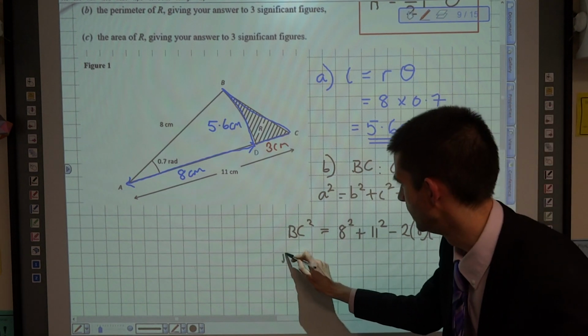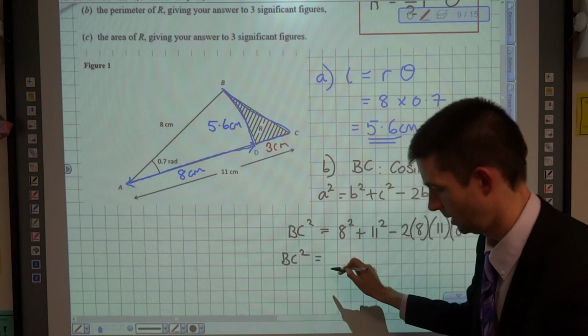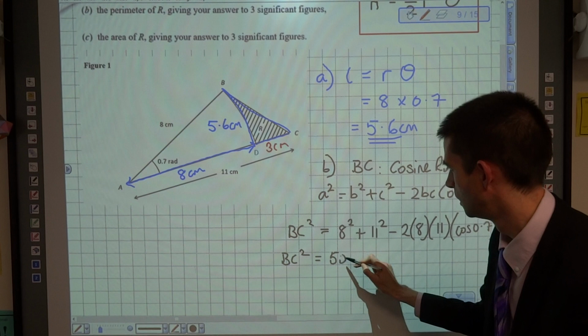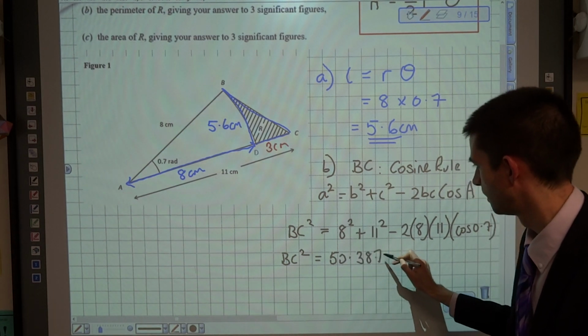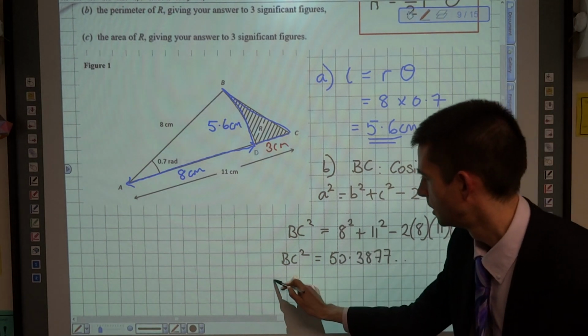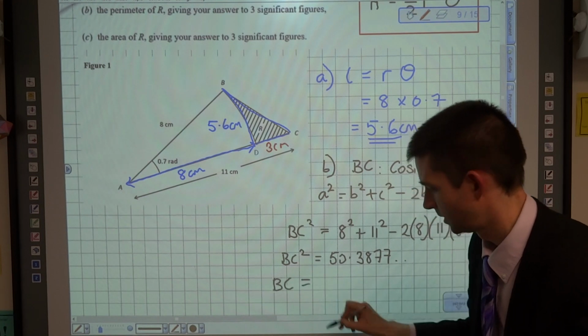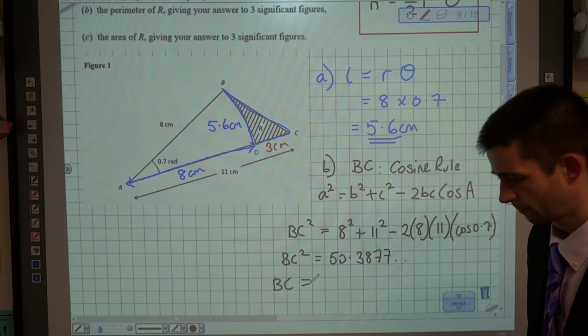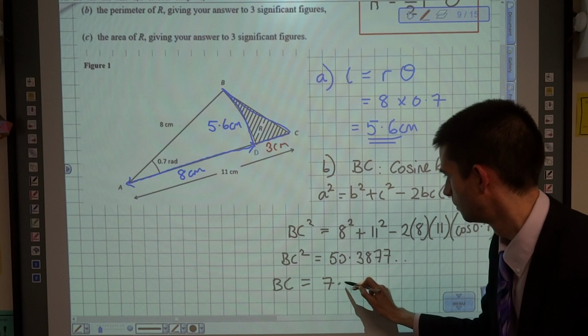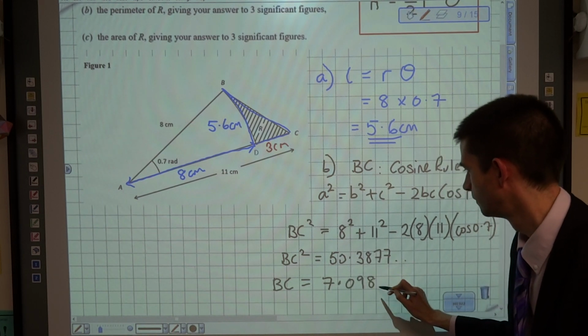Okay. That gets me BC squared to be 50.3877, etc. So I'm just going to square root that to get a value for BC, which is 7.098.